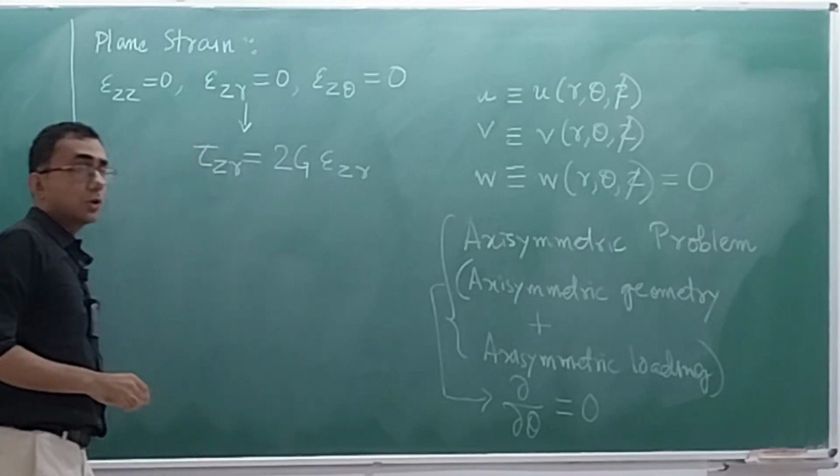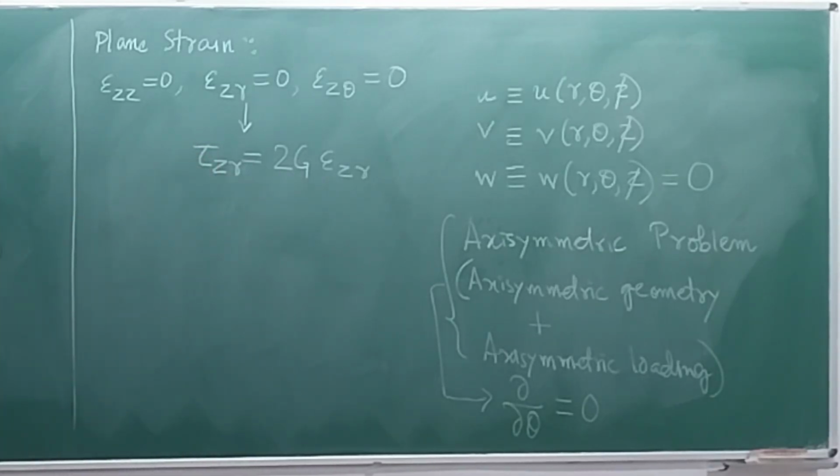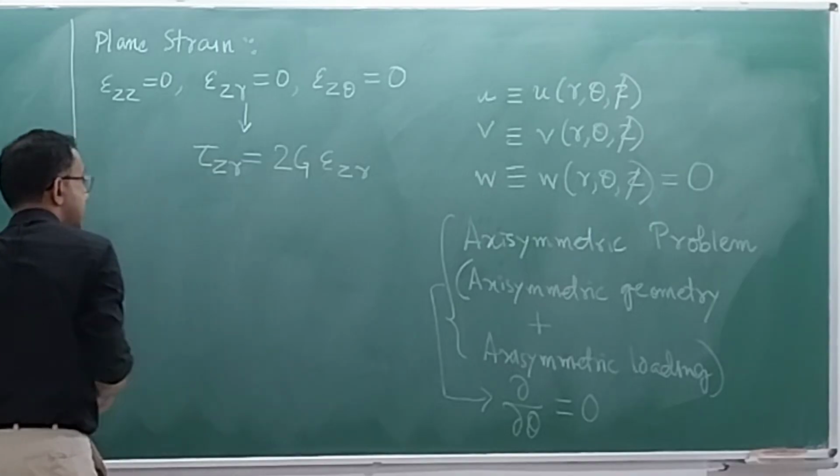These things should be absolutely clear, I'm telling you. As IITians who have done a solid mechanics course, I know memory is not everything, but something should be at your fingertips. So tau zr is equal to twice G epsilon zr.